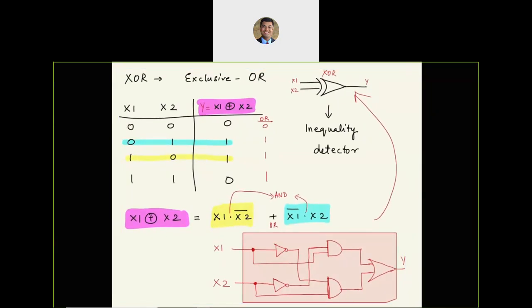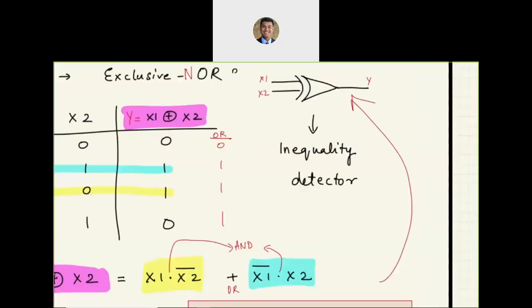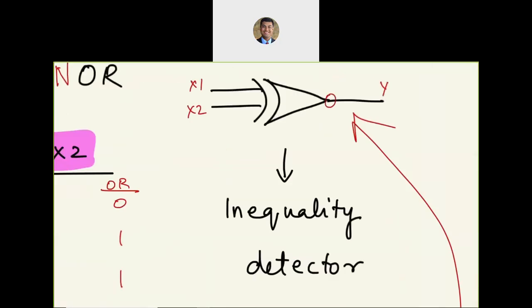This will be our last logic gate. It is going to be exclusive NOR. So we have exclusive NOR here, and because we have NOR, we need a bubble right there. This is going to be an equality detector.